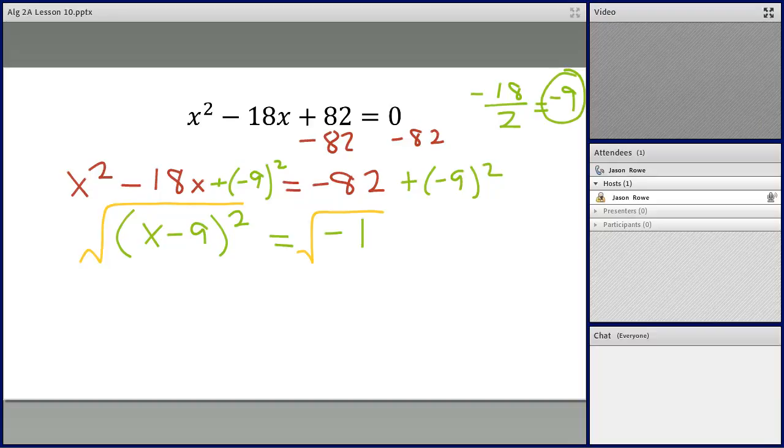Okay, square root of x minus 9 squared is x minus 9. Now on the other side, we got positive or negative i. Remember, we can pull both of those roots out. Isolate x by adding 9 to each side. And finally, we get that x is going to equal 9 plus or minus i.